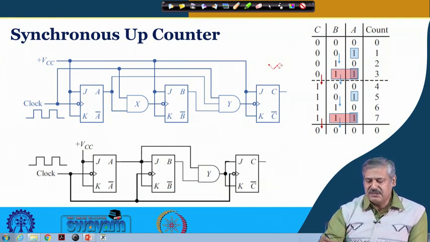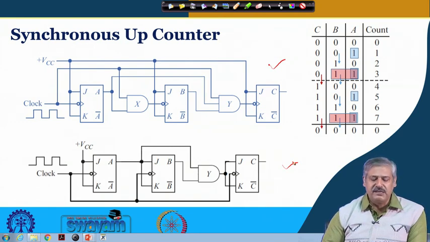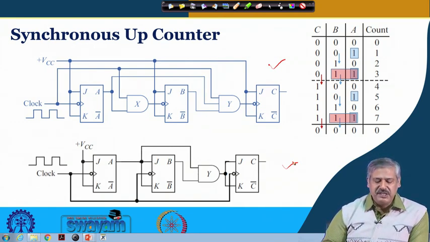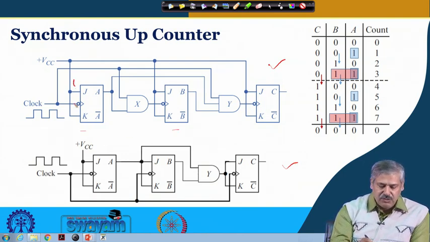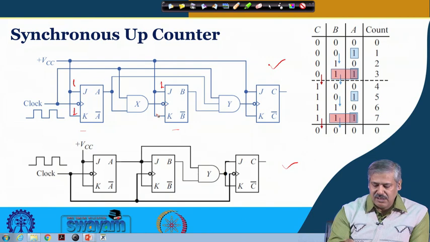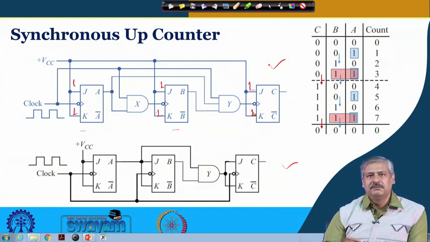This is one circuit, this is another circuit, and they will give you the same result. In the first circuit, each of the flip flops has 1 and 1, 1 and 1, 1 and 1. So all of them can toggle whenever they get the clock.